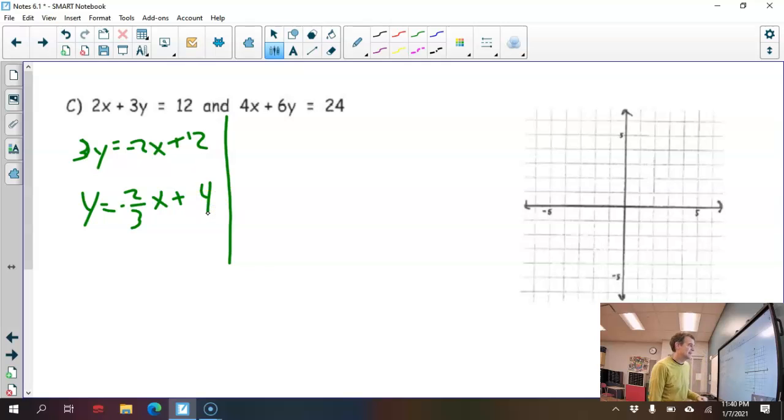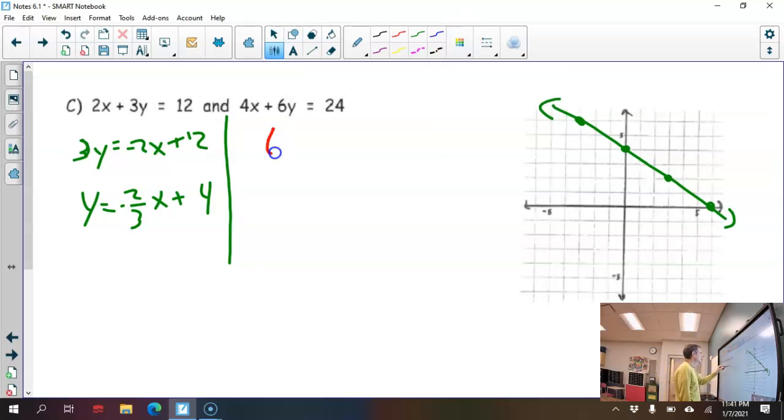Let's go ahead and graph that line. It's got a y-intercept of 4 and a slope of down 2, right 3. Or I could go up 2, left 3. All right, and we'll do the other equation.